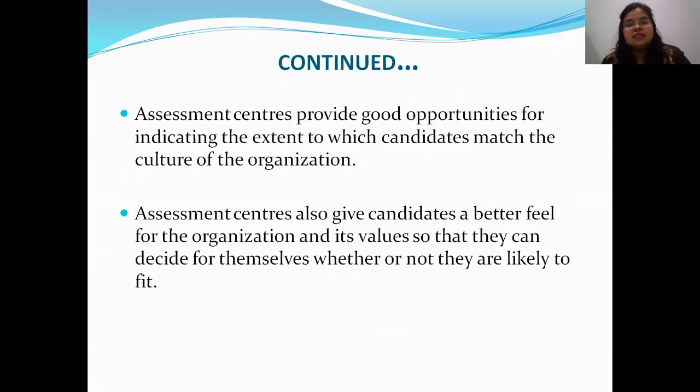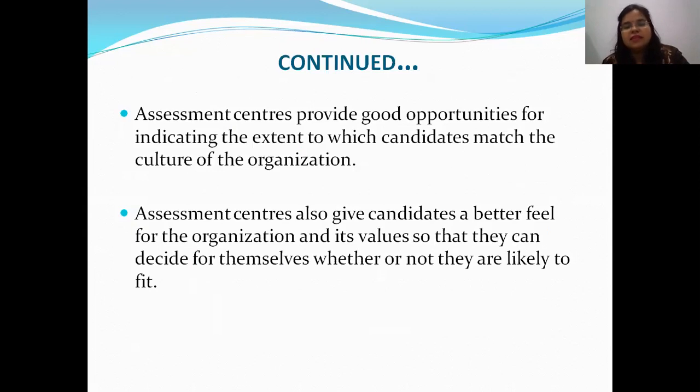Next is that assessment centers provide good opportunities for indicating the extent to which candidates match the culture of the organization. Yes, here basically it is also measured whether the candidate is compatible with the organization's culture or not, and whether he would be able to adapt. So in one word, the adaptability of the candidate is also judged in this assessment center technique.